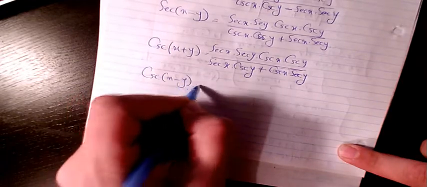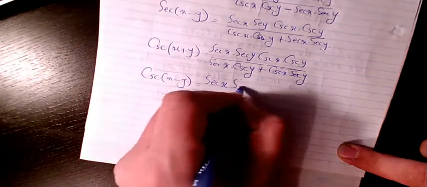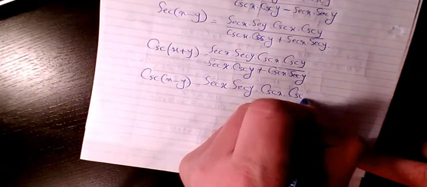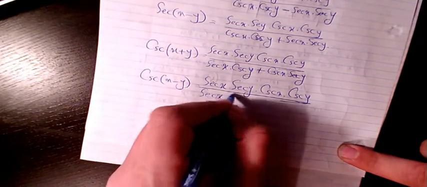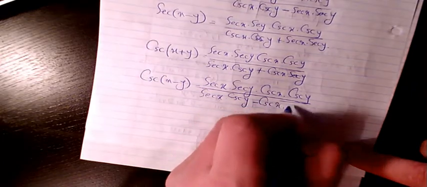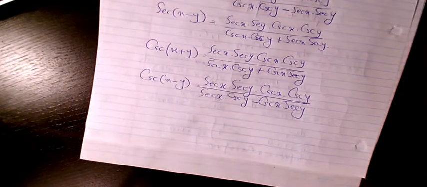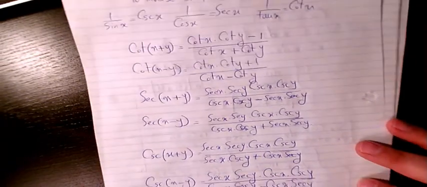And finally, cosecant x minus y will be secant x secant y cosecant x times cosecant y divided by secant x times cosecant y minus cosecant x times secant y. So basically, these are the compound angle formulas for the inverse of sine, cosine, and tangent.